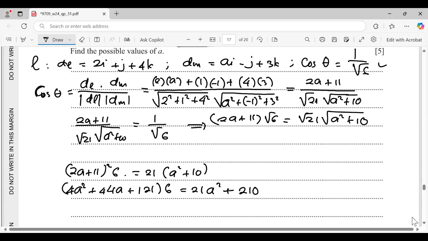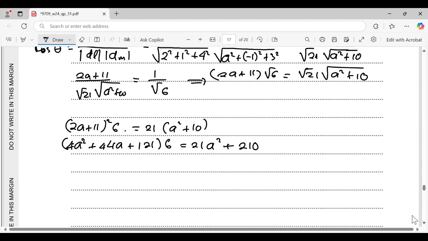Scroll down. Right. So multiplied by 6 becomes 24a squared, plus 264a, plus 726, minus 21a squared, minus 210, equals 0.